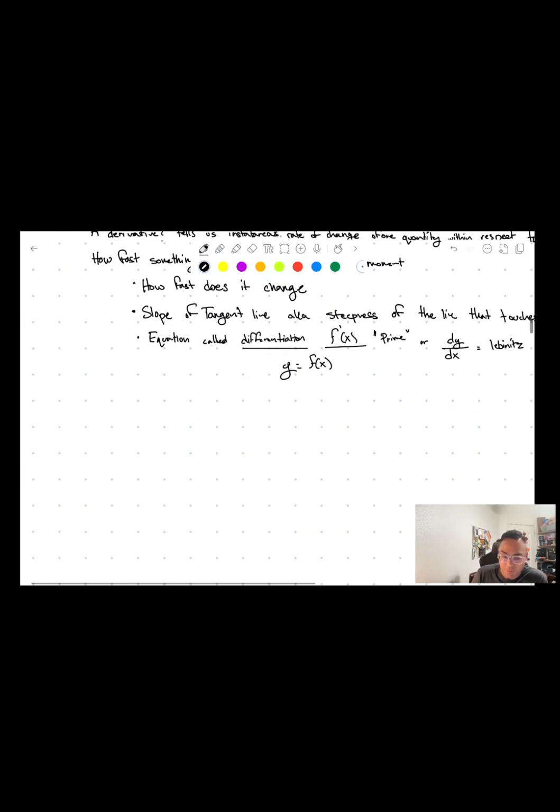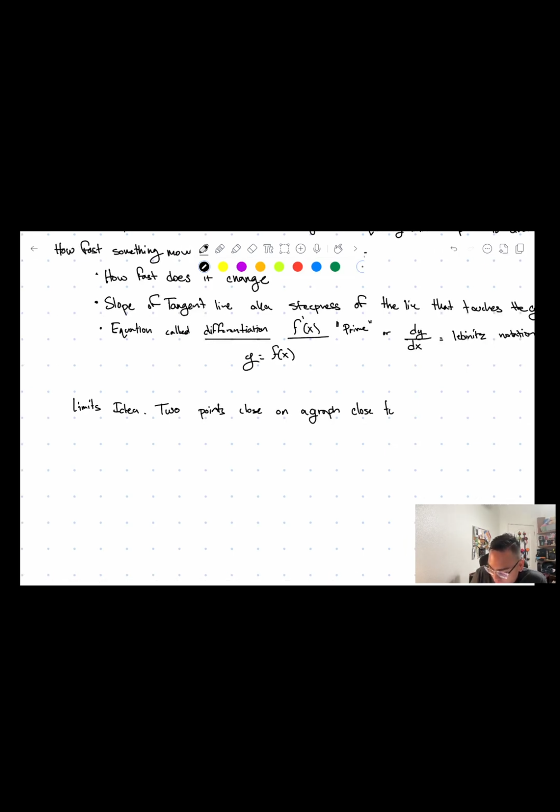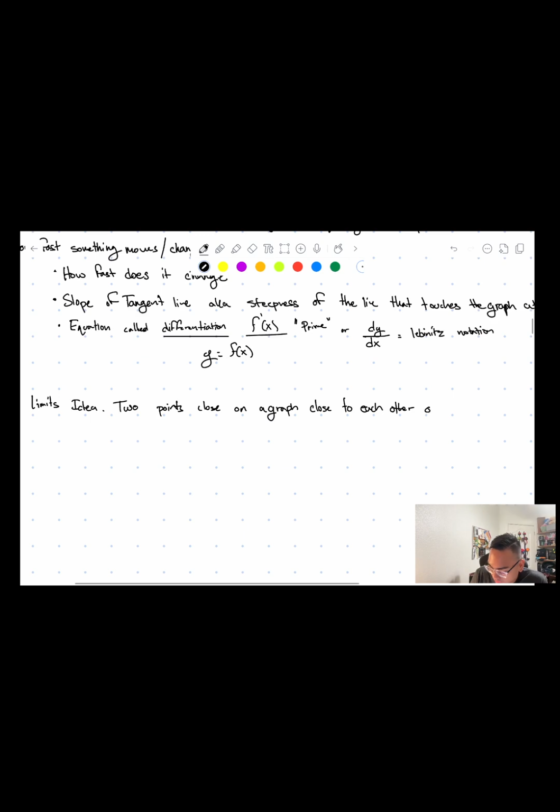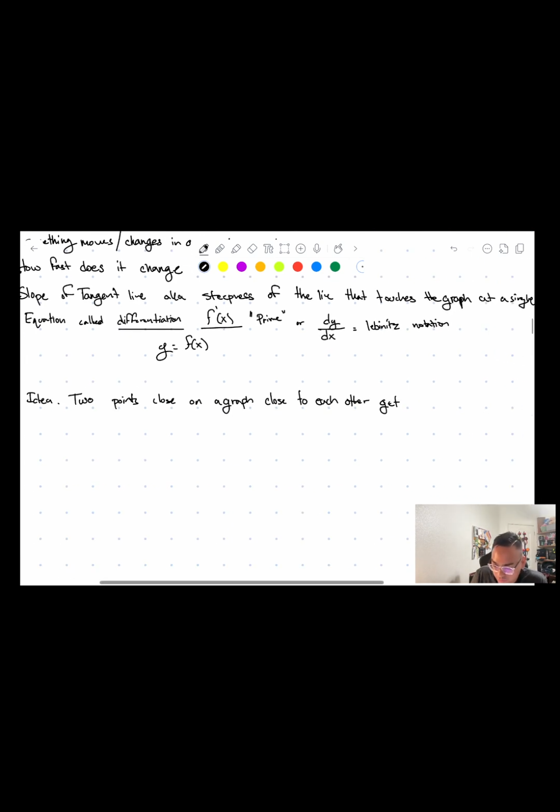So derivatives are basically the idea of limits. It has a foundation, and it comes from the idea of limits, where 2 points close to each other on a graph get infinitely closer.